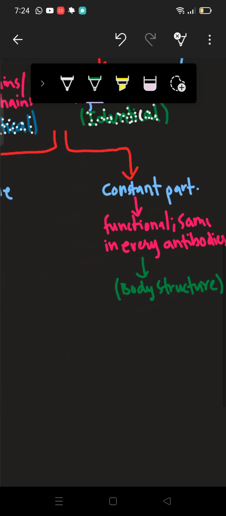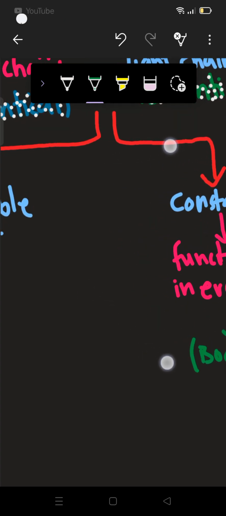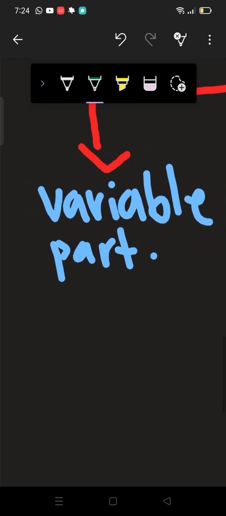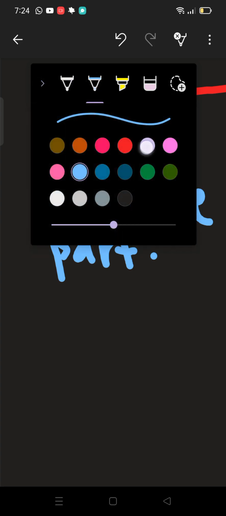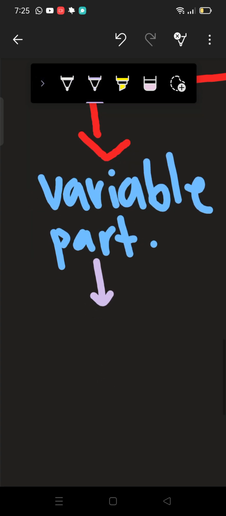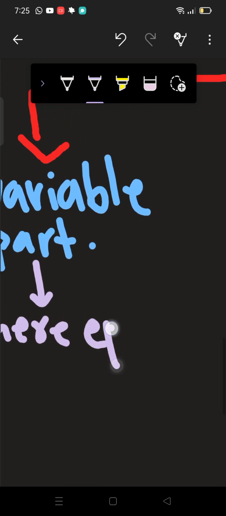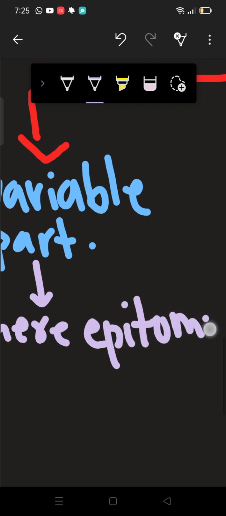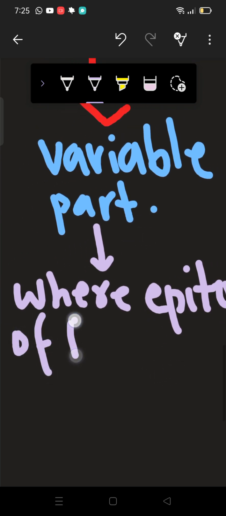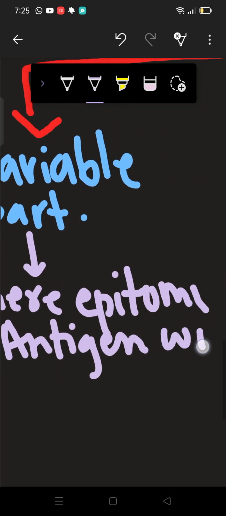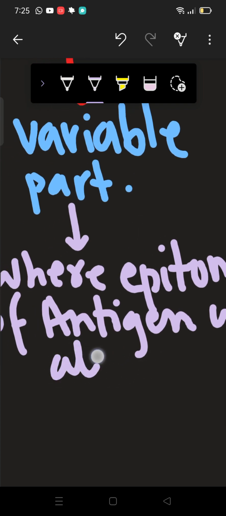So we have discussed the constant part. Now what is this variable part? The variable part is where the epitope of the antigen will attach.